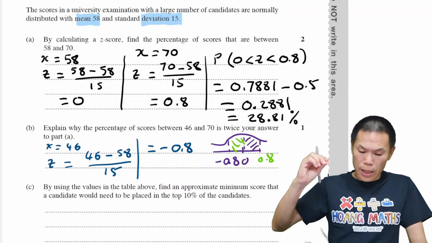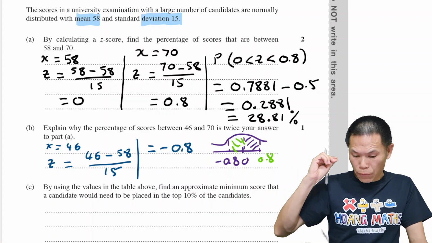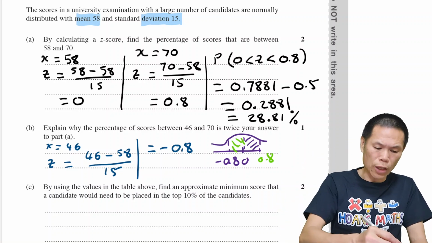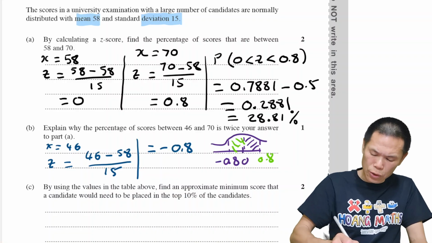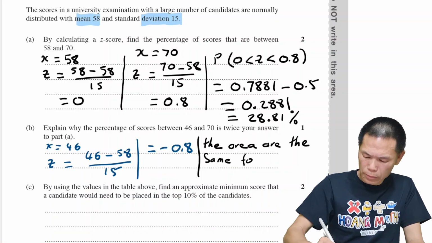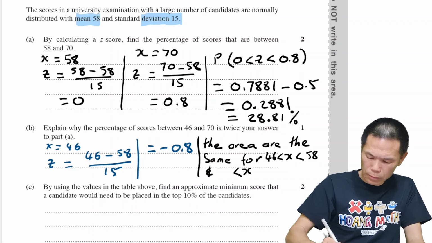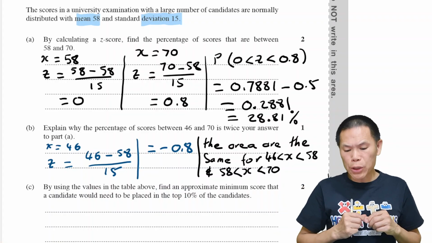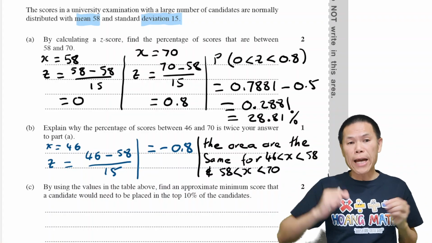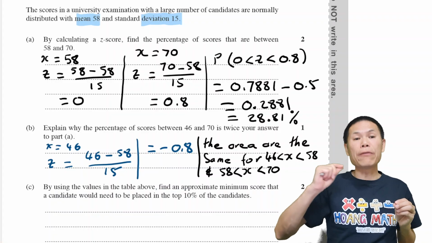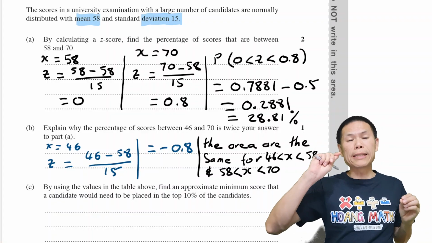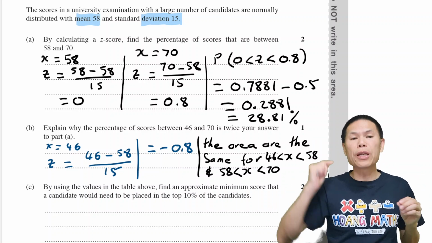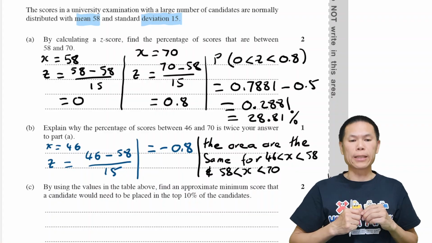So therefore, the area between 46 and 70 is twice the area in part A. You can say something like the area between 46 and 58 and 58 and 70 are the same. So therefore the percentage between 46 and 70 is twice the answer in part A. You can say something like that.